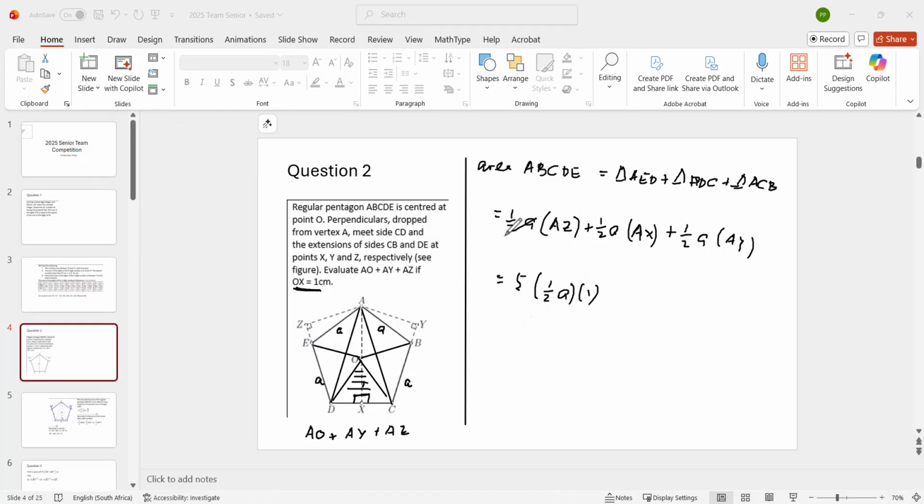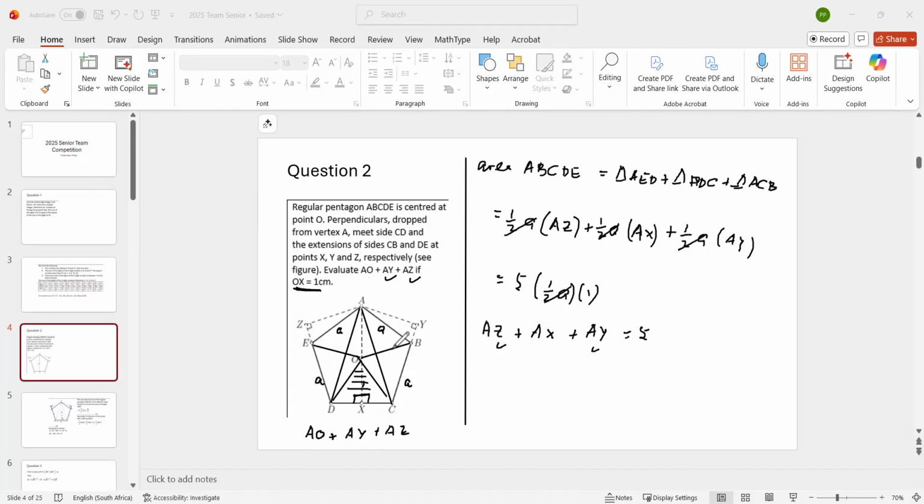So if I take out the half A, half A, half A, half A, I have AZ plus AX plus AY is equal to 5. So we're almost there now. You got AY and AZ are here. The only thing is you got an AX.